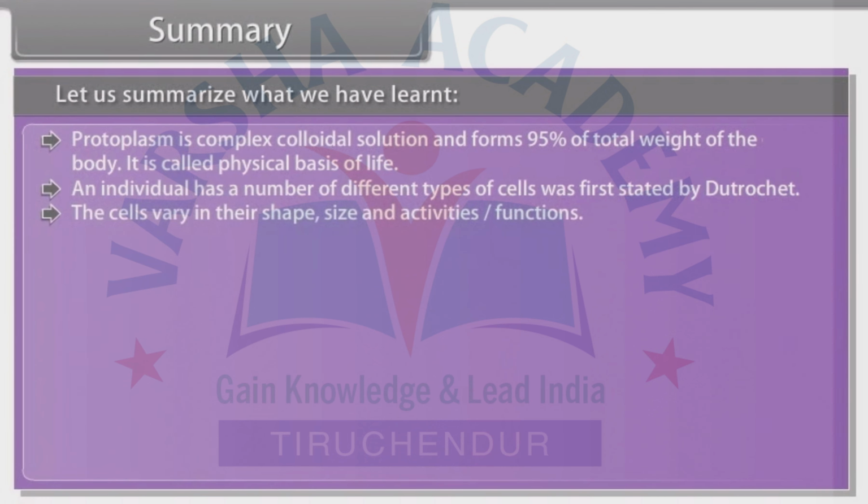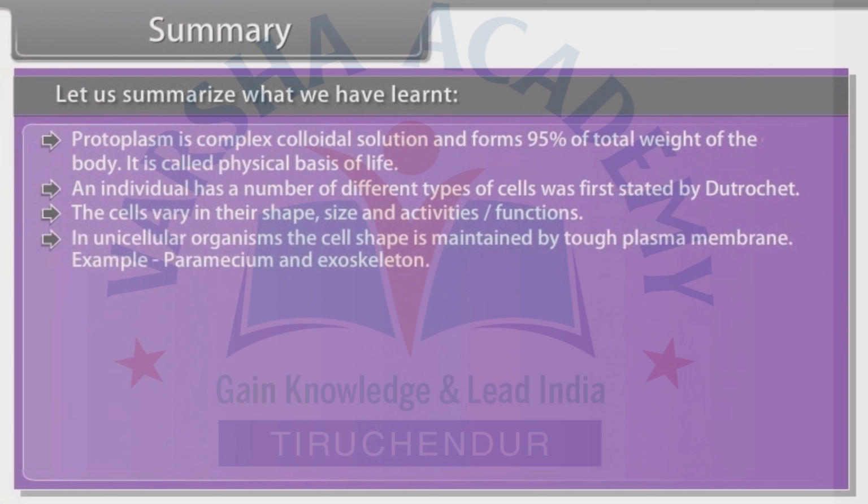The cells vary in their shape, size, and activities or functions. In unicellular organisms, the cell shape is maintained by tough plasma membrane, example, paramecium, and exoskeleton. Fixed shape of the cell occurs in most plants and animals.